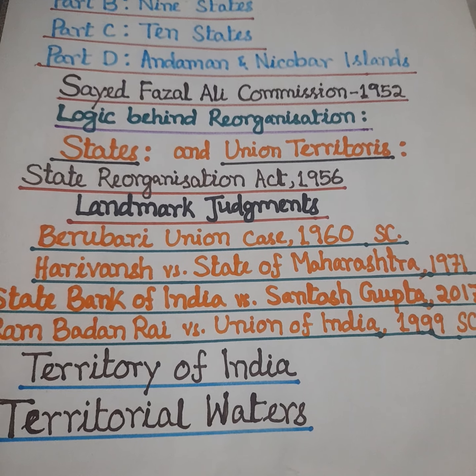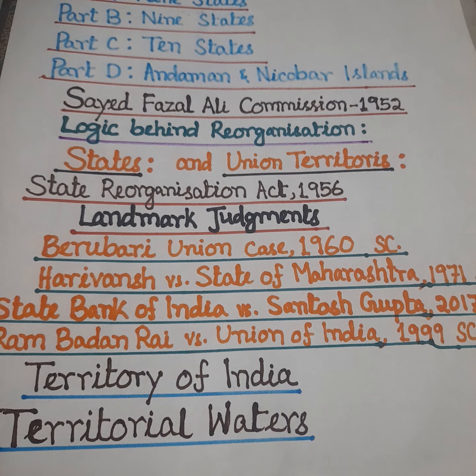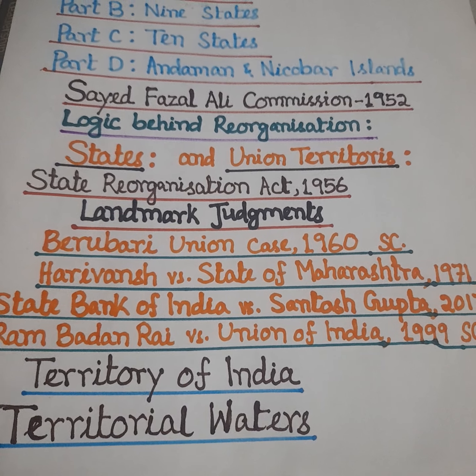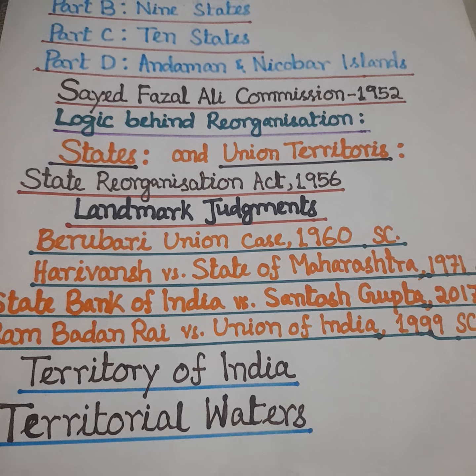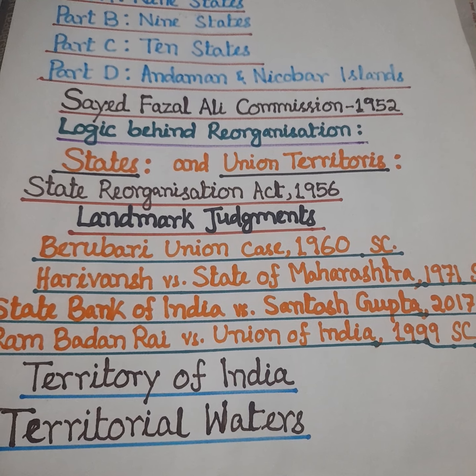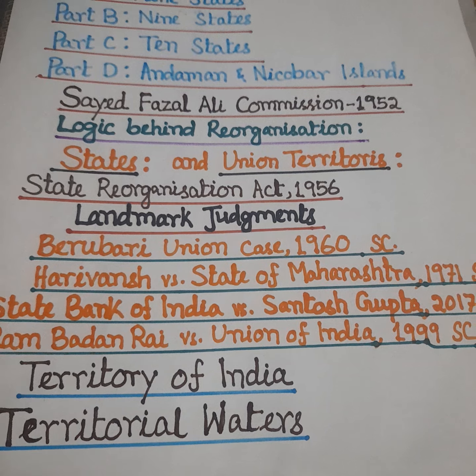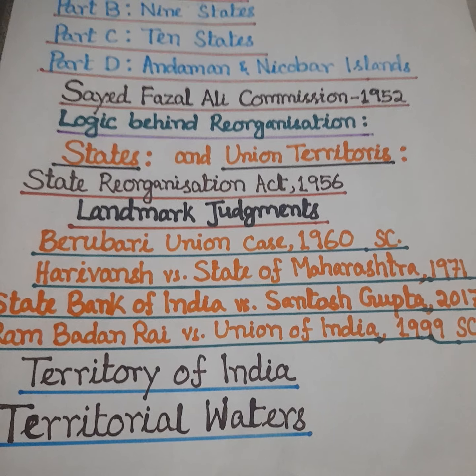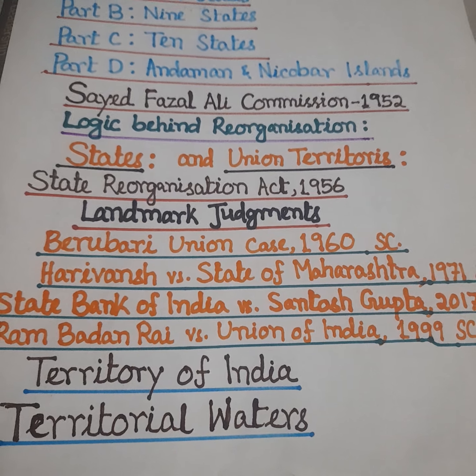Mizoram and Arunachal Pradesh were elevated to the status of state in 1986, and Goa, which was a union territory, was elevated to the status of a state in 1987.